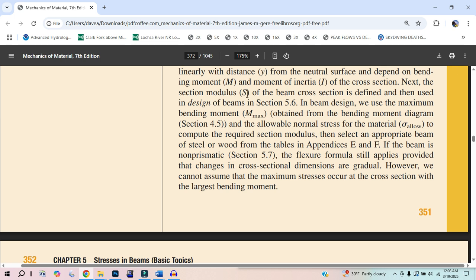So this section modulus S and moment of inertia, the fact that I looks like an I-beam, and then S, maybe there's S-beams, it's a structural looking letter. So I just keep that in mind, that these are the structural shape.